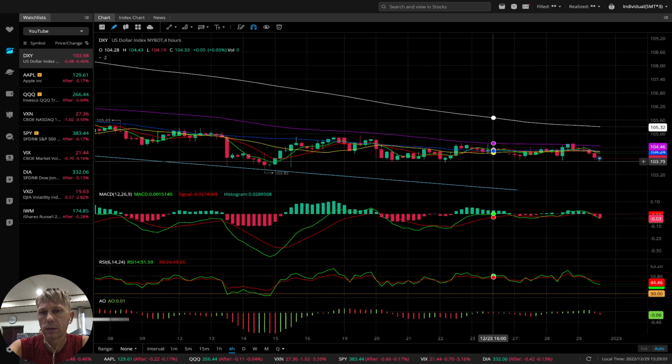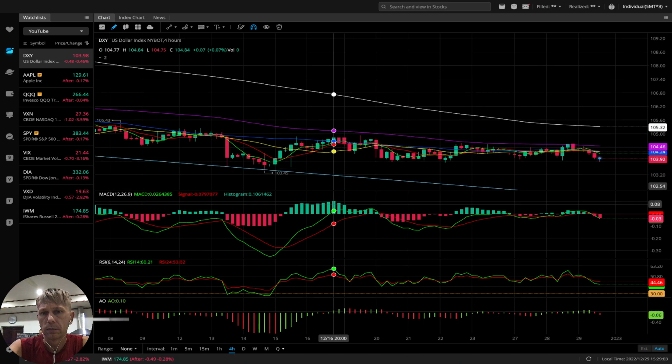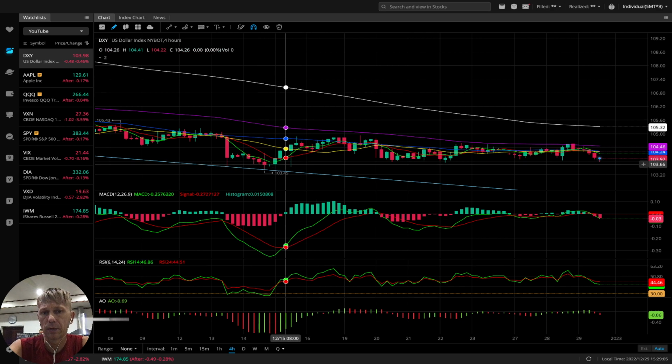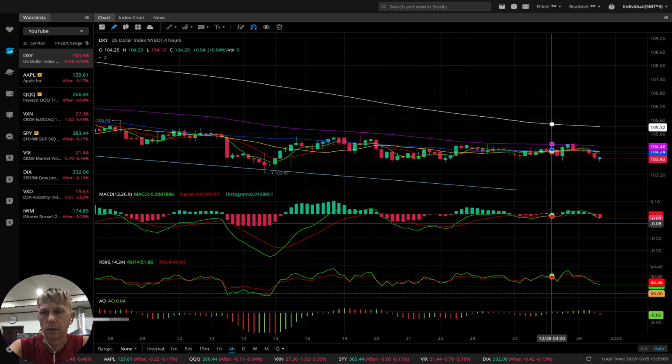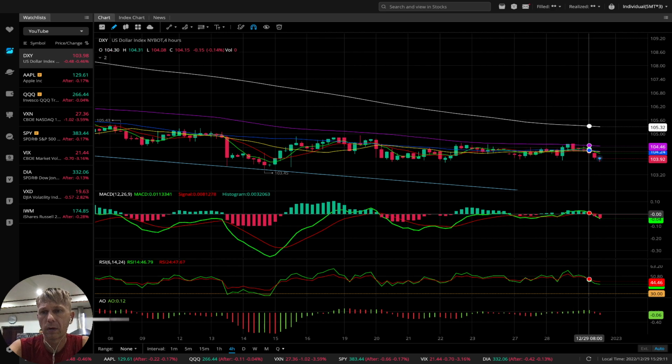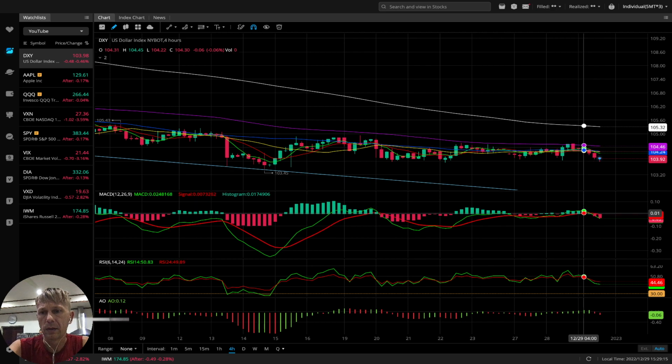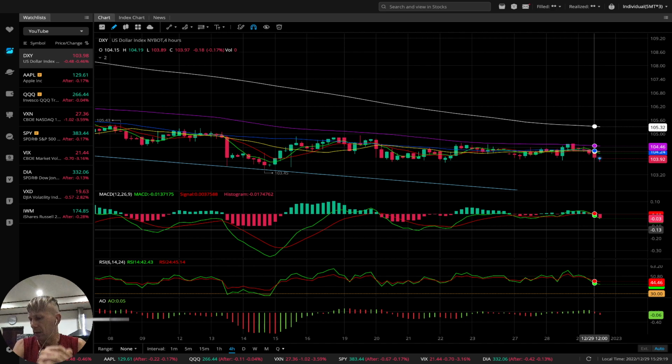4 hours, similar trend, right? It's a bearish crossover on 4 hours. MA5 did a bearish crossover, MACD did a bearish crossover, and RSI did a bearish crossover.